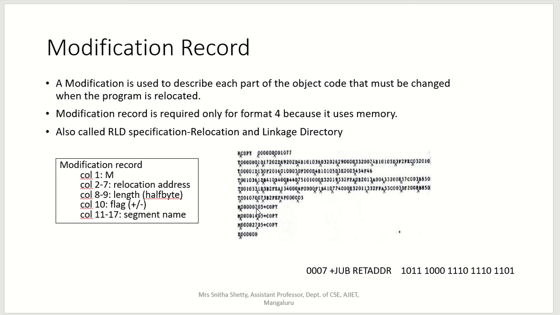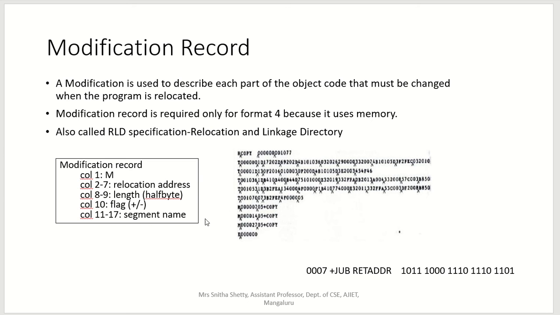M followed by the starting address, which is 007, then 5 half bytes, and the name of the program. Why do we mention this externally in format 4? Because format 4 depends on the memory location. Other formats depend upon registers, but here it is memory allocation, so we should mention it in the modification record.